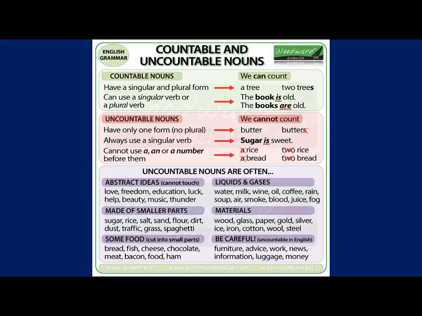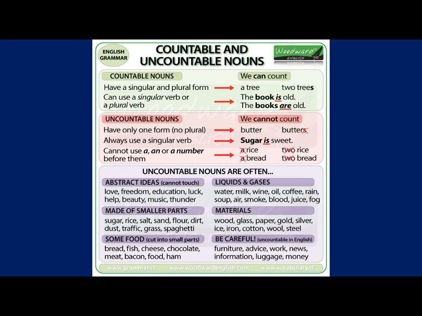Help, beauty. We don't say beauties. Music, thunder. It's all in the singular form, but when we use the singular form of the uncountable noun, it also covers the plural form for us.